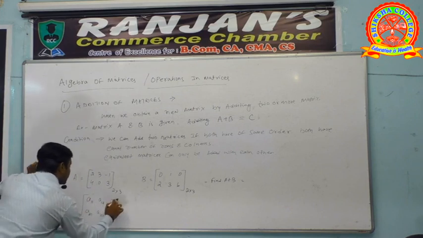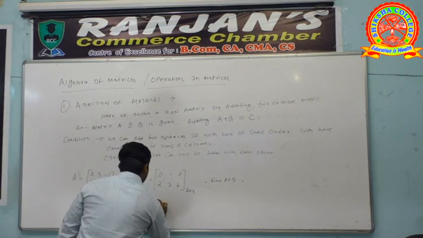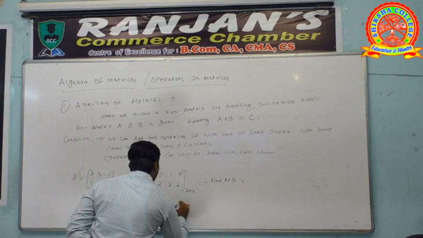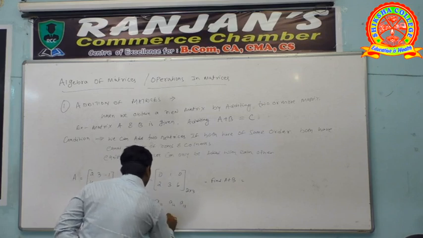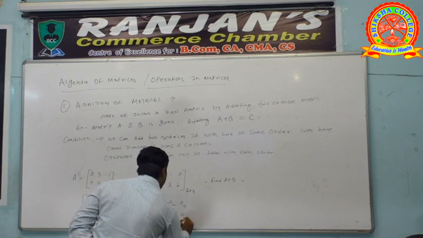Clear? Here also the same: 0 is A11, 1 is A12, 0 is A13, 2 is A21, 3 is A22, 6 is A23.